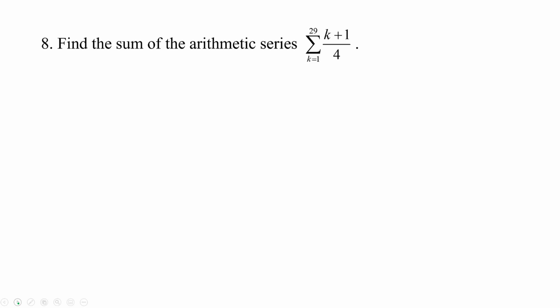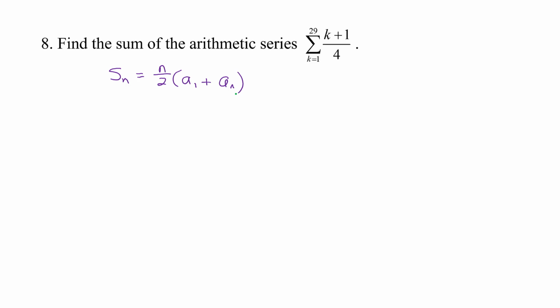We're going to find the sum of this arithmetic sequence, the sum from k equals 1 to 29 of (k plus 1) over 4. The sum of an arithmetic sequence is one of these formulas you should know. The sum of the first n terms of an arithmetic sequence is equal to n over 2 times the first term plus the last term, or the nth term.